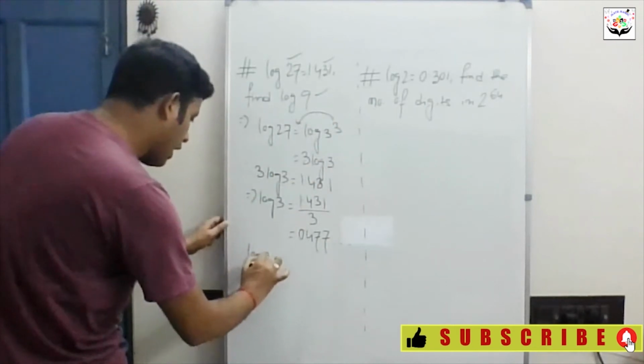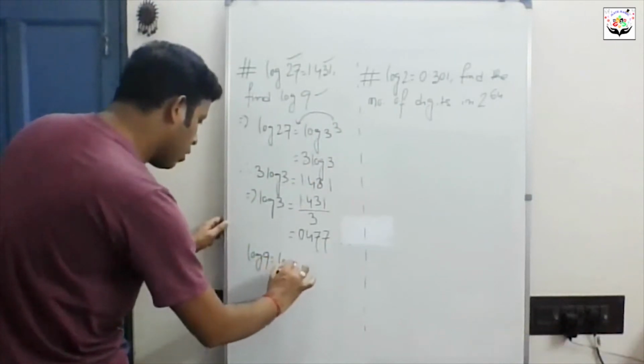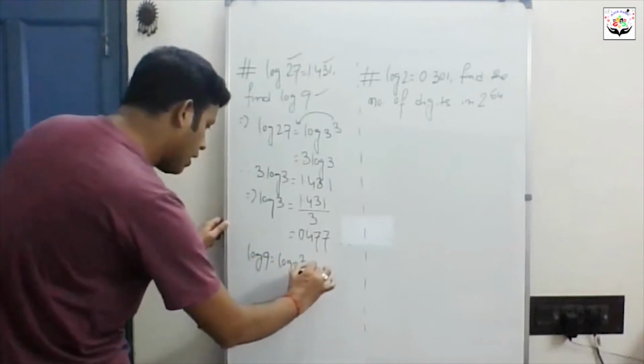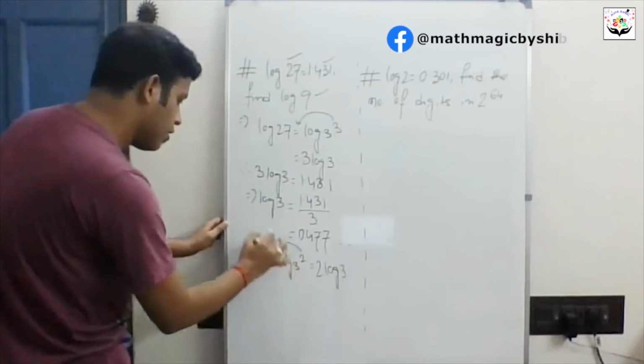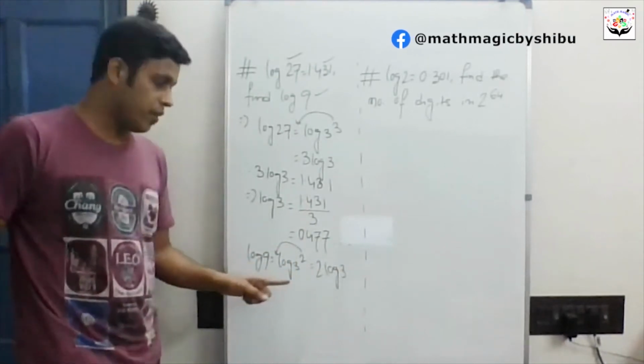So can we write log 9 as log 3 square? And furthermore, the 2 will come into the coefficient, so 2 log 3.